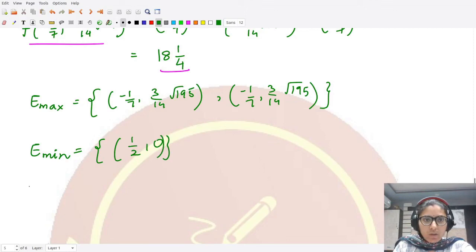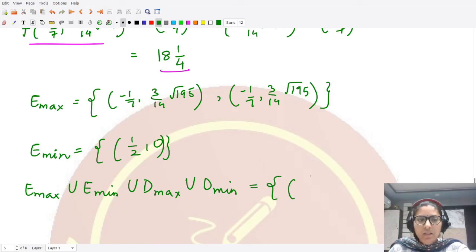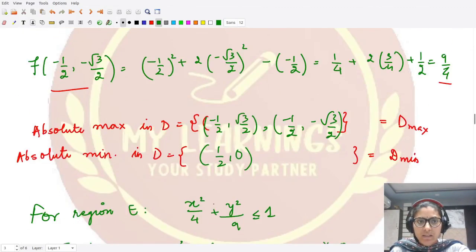So what is the union of all of these? E max, E min, union with D max and D min. Let's list all the points here. First of all, E max contains these 2 points, minus 1 by 7 with 3 by 14 square root 195 and minus 1 by 7 with minus 3 by 14 square root 195. E min contains 1 by 2 with 0. Then D max and D min, let's see these two also.